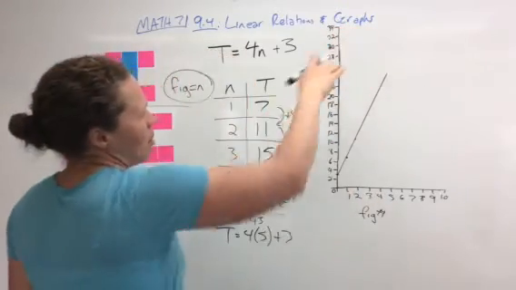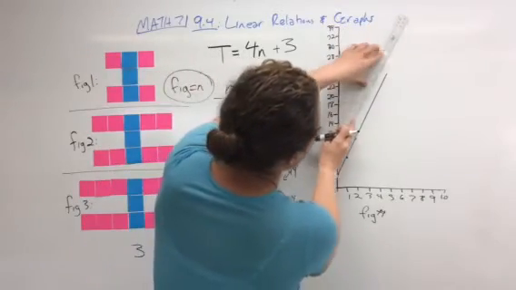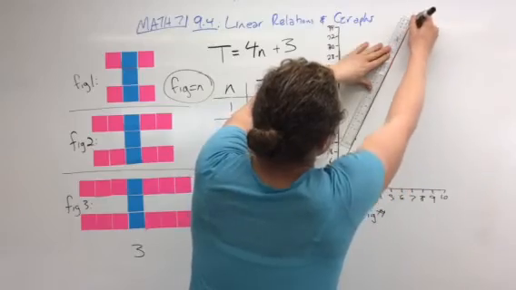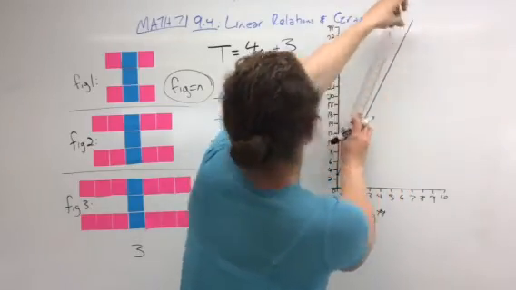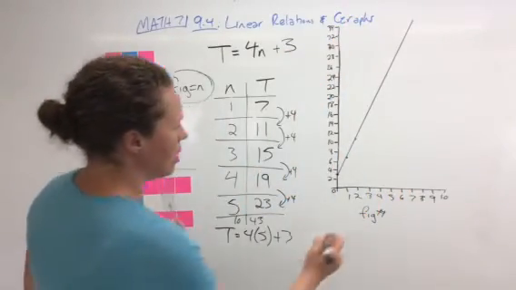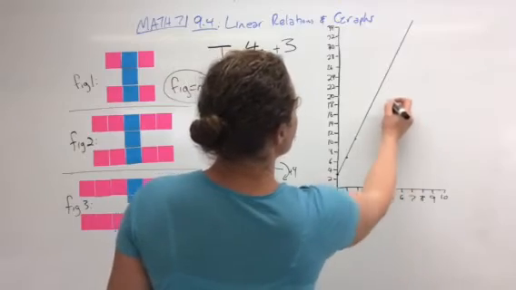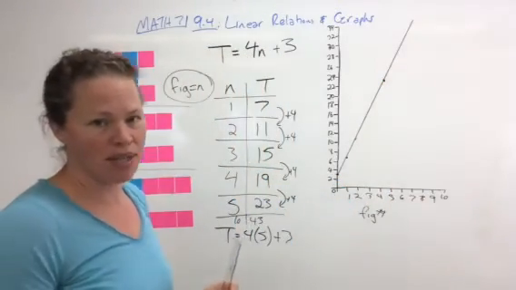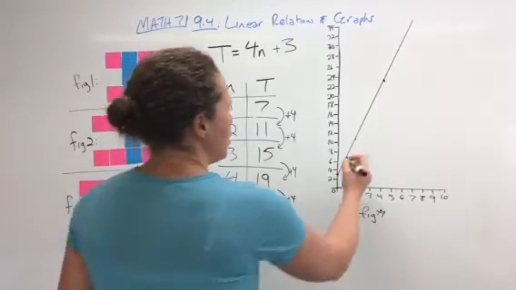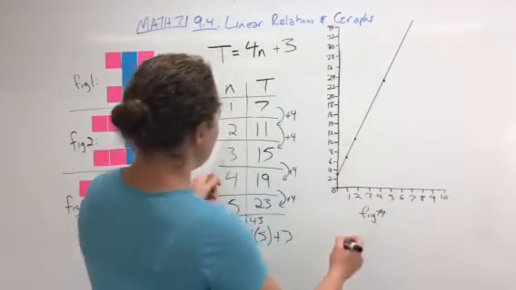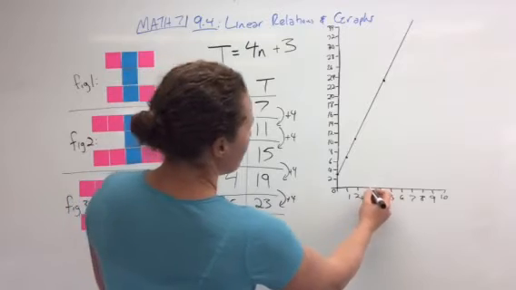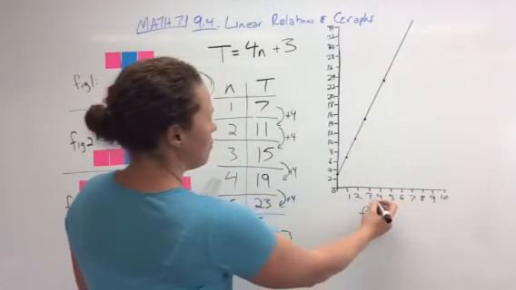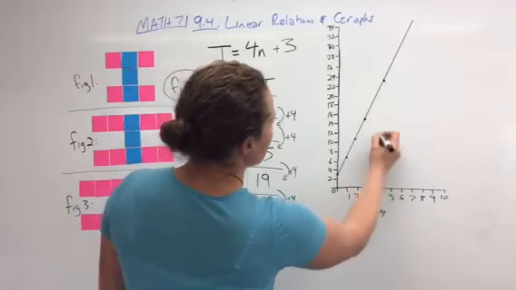And I can see that by how this thing's heading out. So it looks like at 5, I'm supposed to be at 23. If I had grid paper, you'd see that I was exactly there. So each one of these points is just going to be nice and evenly distributed. There's 15, 4 is 19, so up on 4.